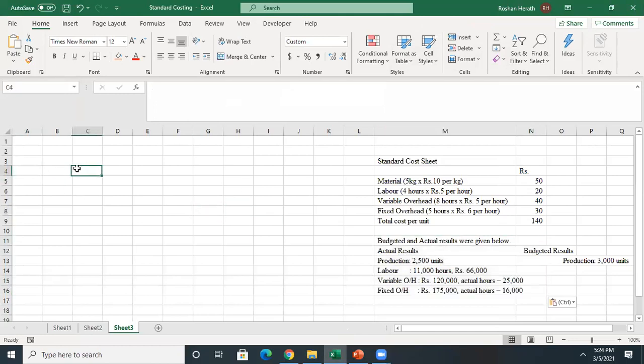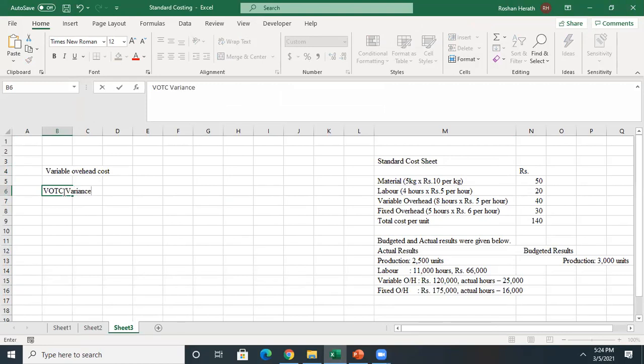Let us start with the variable overhead. Variable overhead cost. The first we can take the variable overhead total cost variance. As we discussed, it's simply the actual overhead minus the standard overhead. So what about the actual overhead?